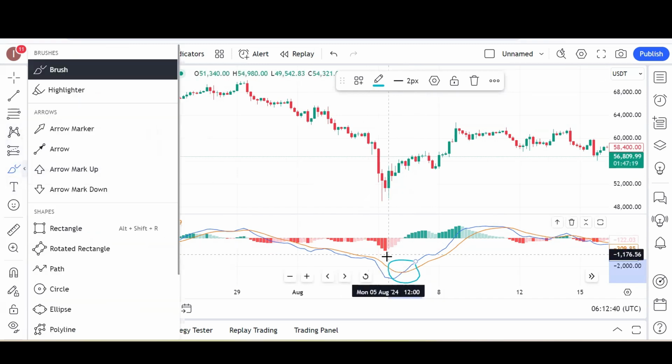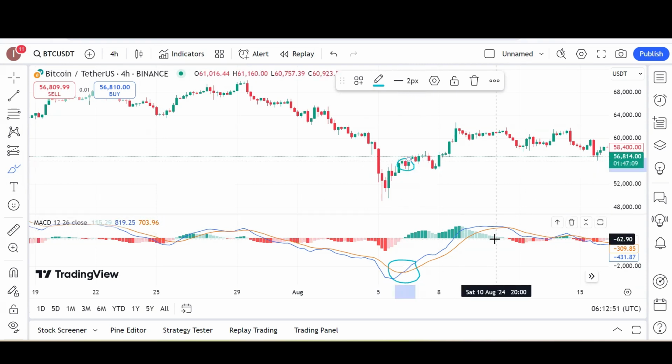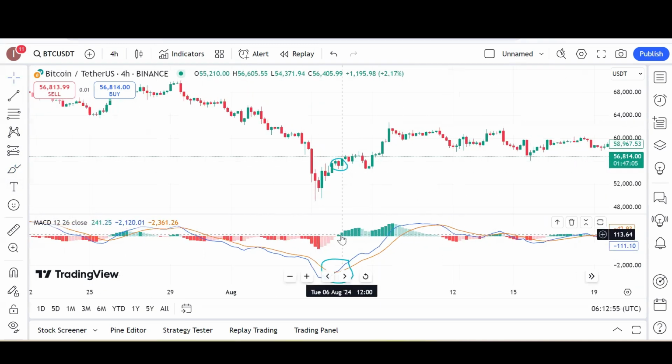At that time the MACD line crosses the signal line, indicating this is the buying signal. When you buy at this point, you can see the buying pressure constantly increases. As you can see, dark green bars appear. When high dark green bars appear, it means high buying volume.